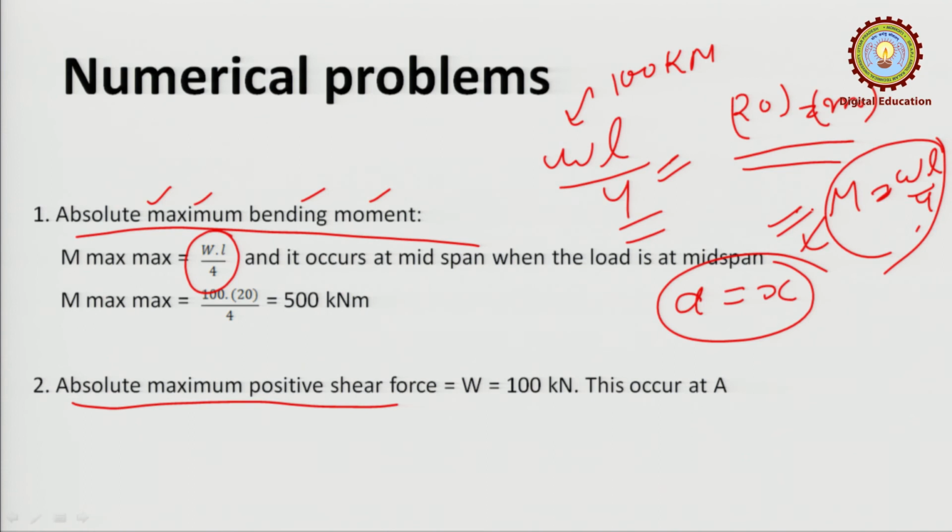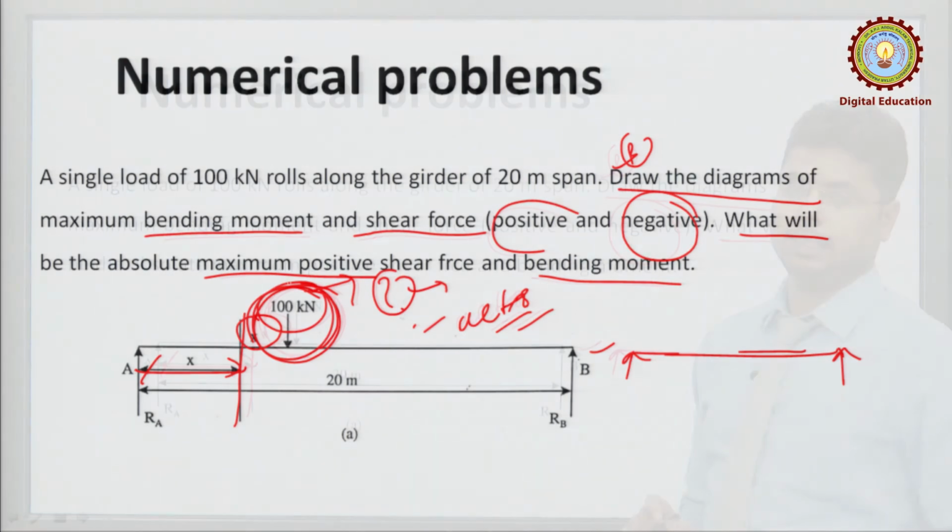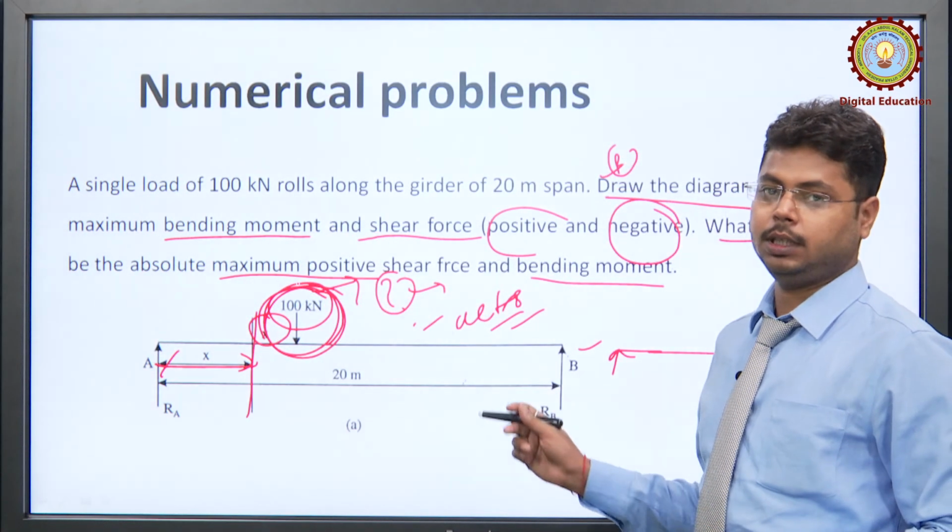Okay. Now, what will be your absolute maximum positive shear force? This is your 100 kilonewton, because nothing can exceed 100 kilonewton.